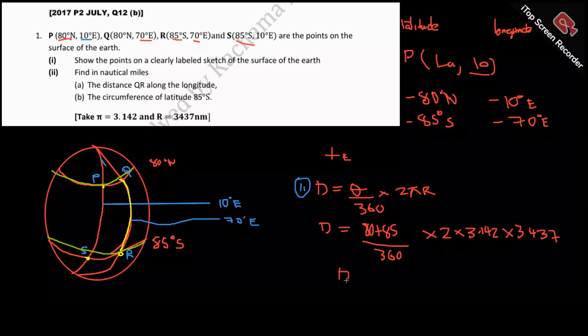Punching this on your calculator, you should get 9899.1329. But according to math, we're supposed to round off to 3 significant figures. So we're just going to count 1, 2, 3.